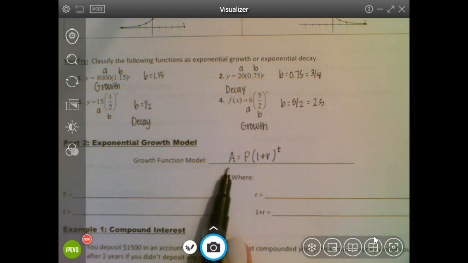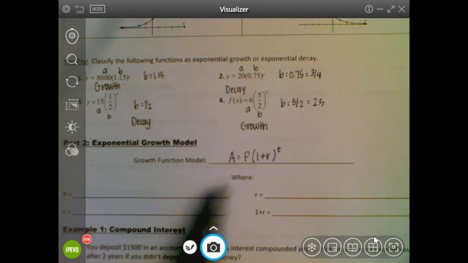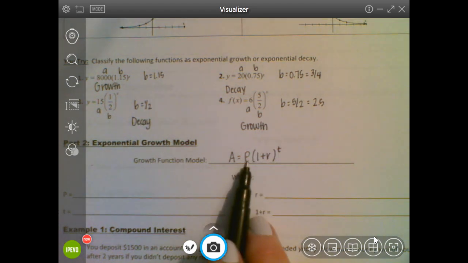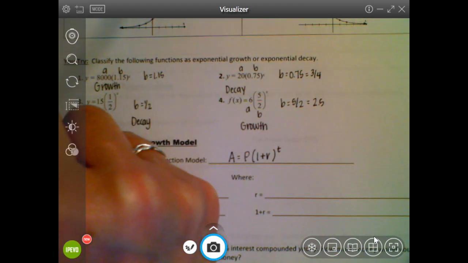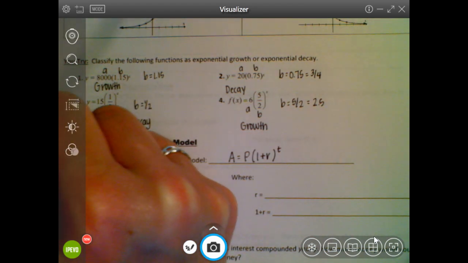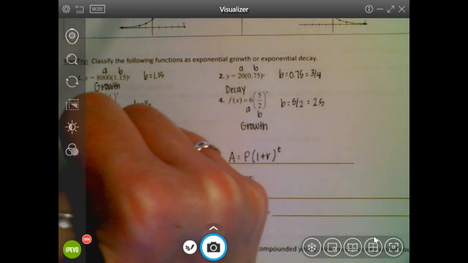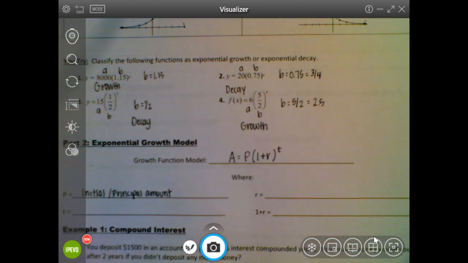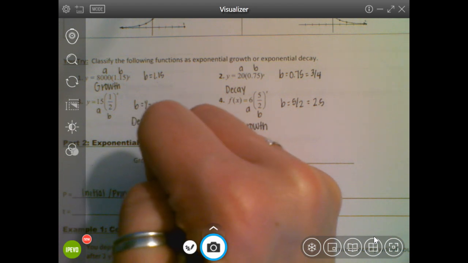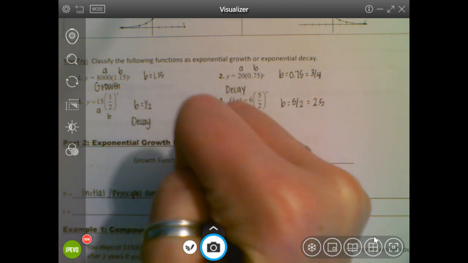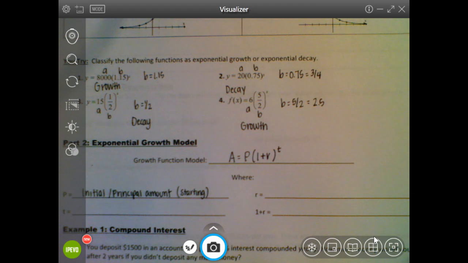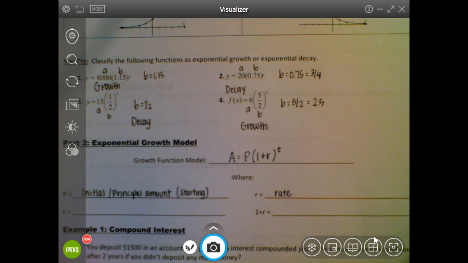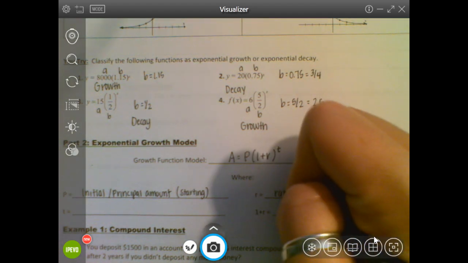So what do these variables stand for? Well, we'll start here, P is going to be the initial or the principal amount. Or basically, that's the amount that you're starting with. R is actually going to be our rate, and we always want to write our rate as a decimal.